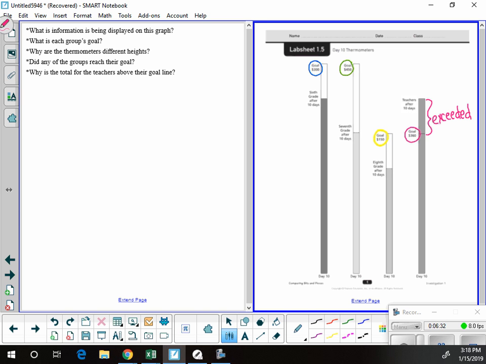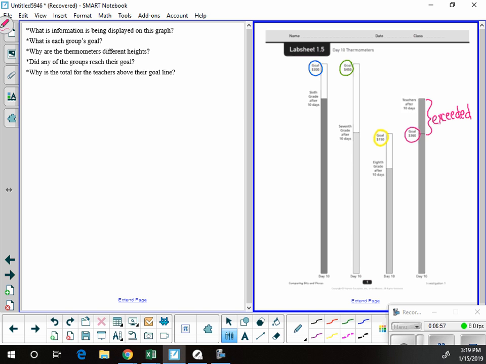All right, why are these thermometers different heights? I heard some of you starting to talk about this. Why are they different heights, Oliver? Well, it depends on the amount of the goal. Yeah. So I heard you say something interesting. You were asking some good questions. Do you remember what questions you were asking your partner?